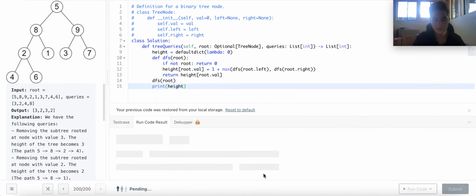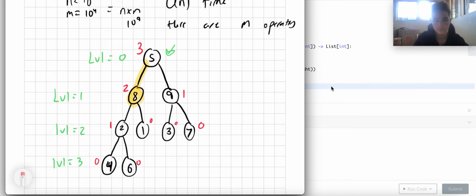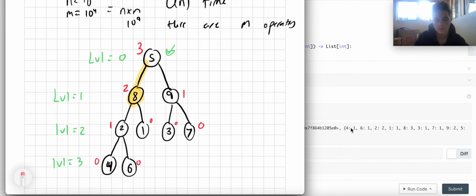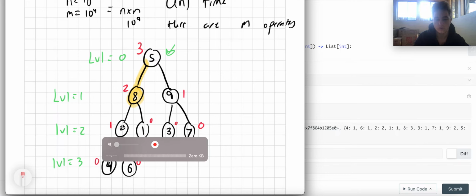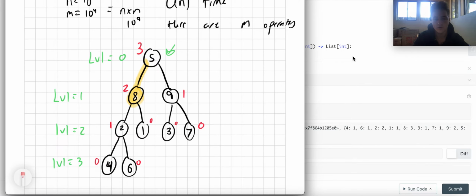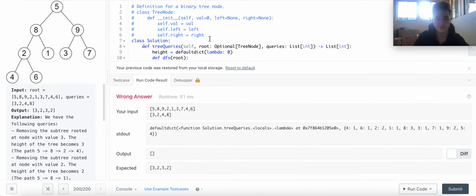All right, let's look at that again. So 4 has height 1, 6 has height 1, 2 has height 1, 8 has height 3. All right, so everything's getting over-referenced by 1.